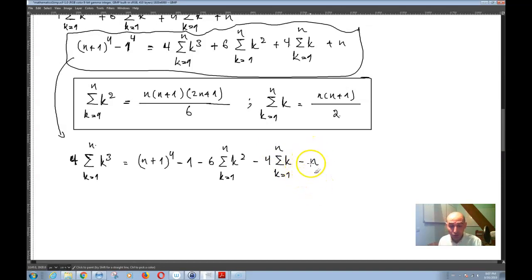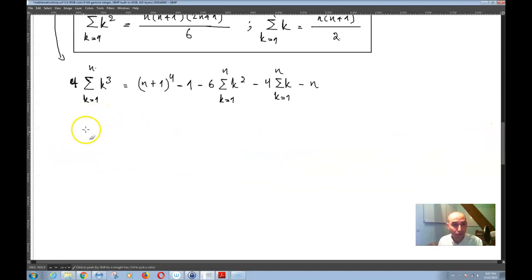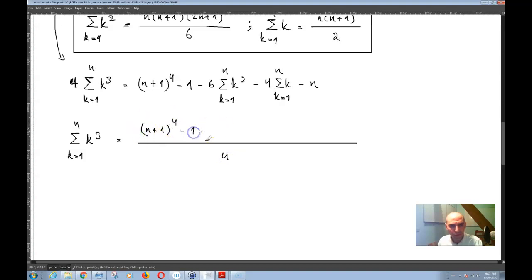And then I need to get rid of this 4 from here. So I write sigma k cube as k goes from 1 to n is equal to this whole expression divided by 4. So that is (n plus 1) raised to the power 4 minus 1, minus 6 times sigma k squared, minus 4 times sigma k, minus n.